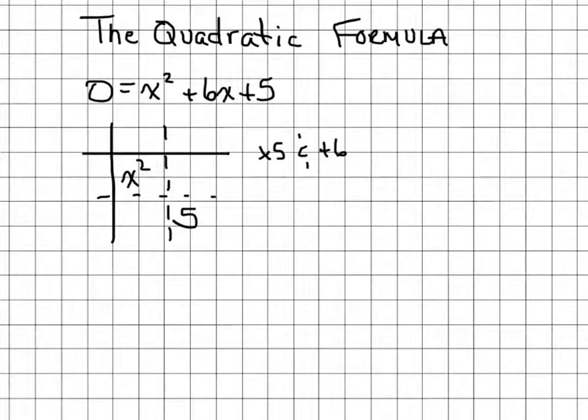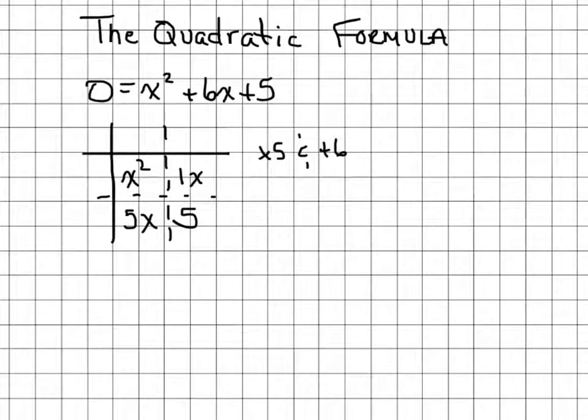We know that these two boxes have to add to this middle term, and that these two have to multiply to the same as these two. So we need numbers that multiply to 5, which is 1 and 5, and add to 6, because 1 plus 5 is 6. So we have 1x here and 5x here.